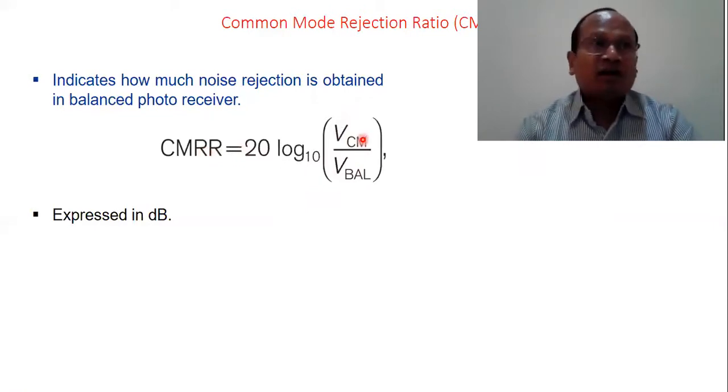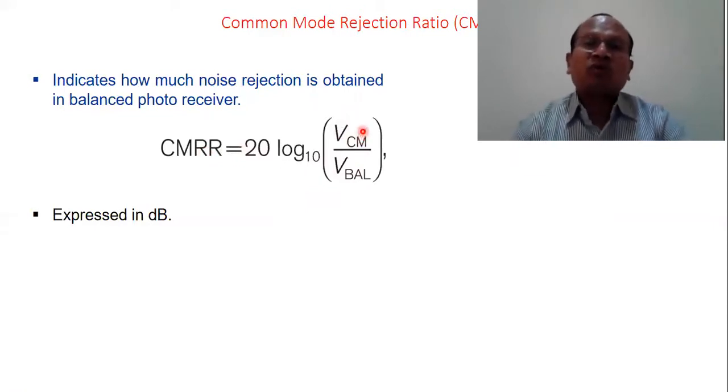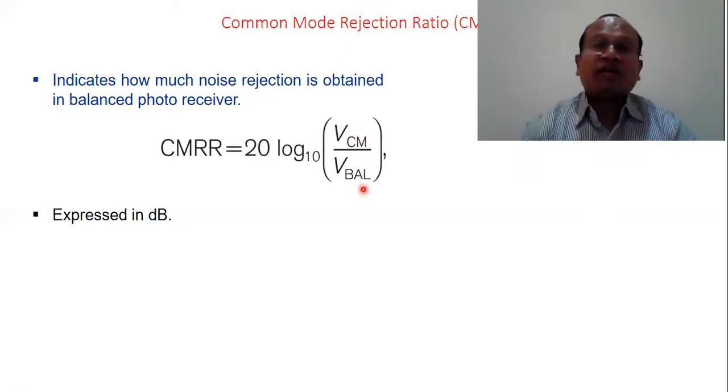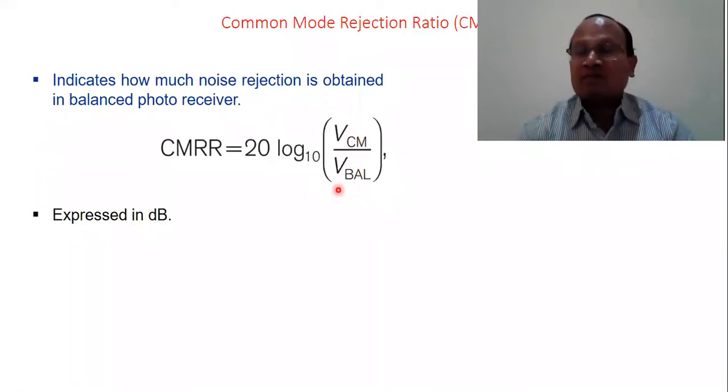This is a very popular term used in operational amplifiers, CMRR, where we divide the common mode signal by the differential mode. Here, in place of differential mode, we have the balanced signal. It's like a gain factor, common mode voltage divided by balanced mode voltage.